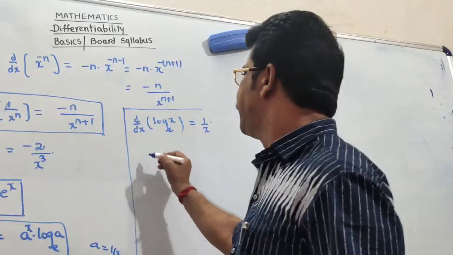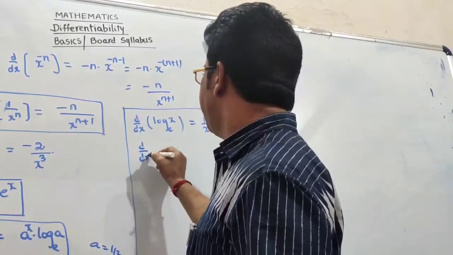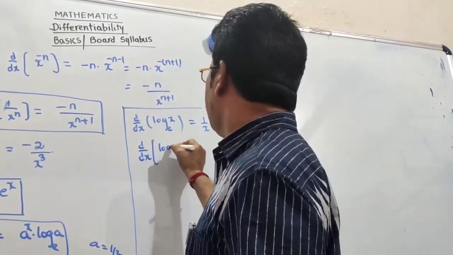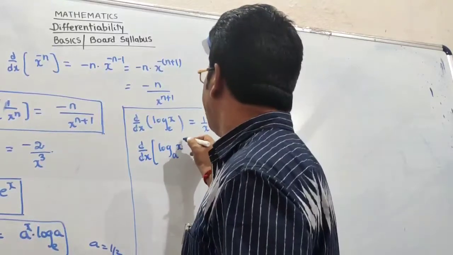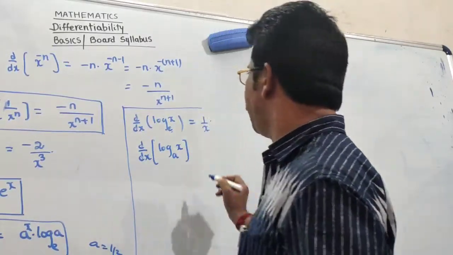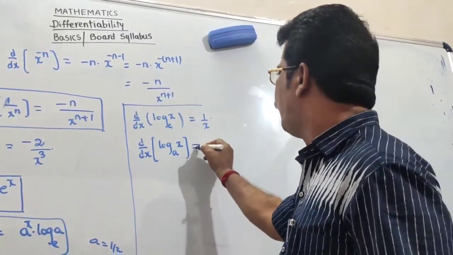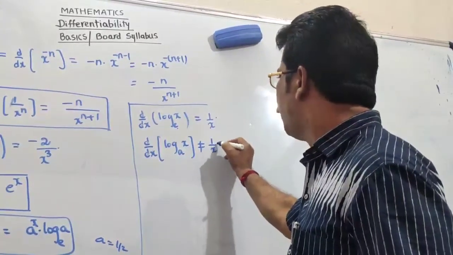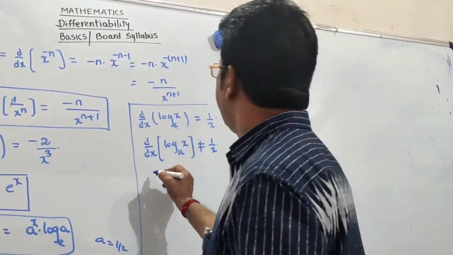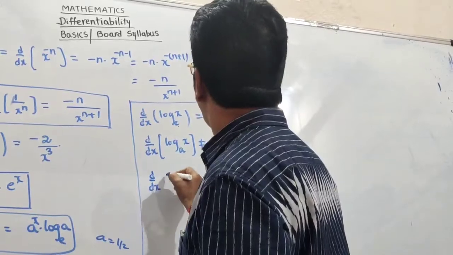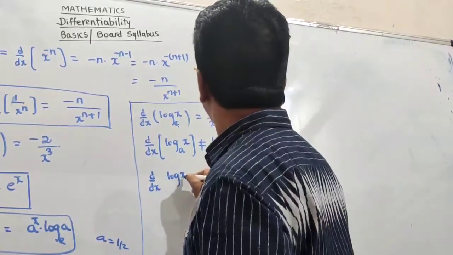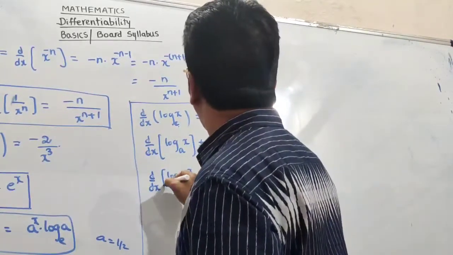Now our question is, sir, if the base is different, log to the base a, different from e, is it also 1 by x? No, it is not at all equal to 1 by x. How? Let us see. D by dx of log x to the base a.